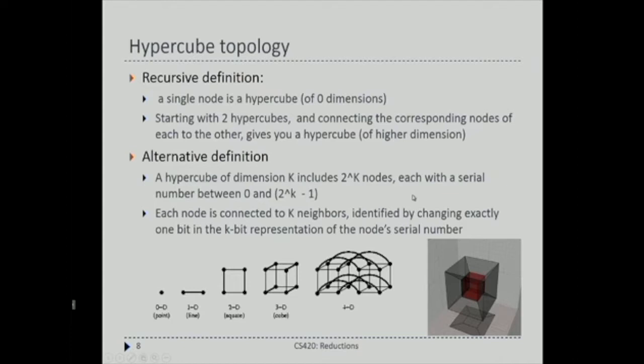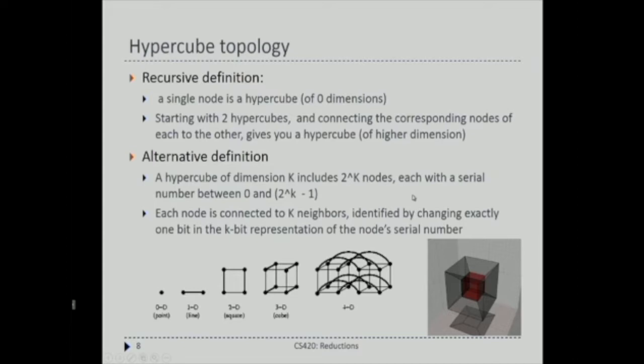A hypercube is very nice because you're all computer scientists, you understand recursion perfectly well, right? A zero-dimensional hypercube is a single node by itself, with no connections. Any higher dimensional hypercube is obtained by putting together two next-smaller dimensional hypercubes and connecting their corresponding elements.